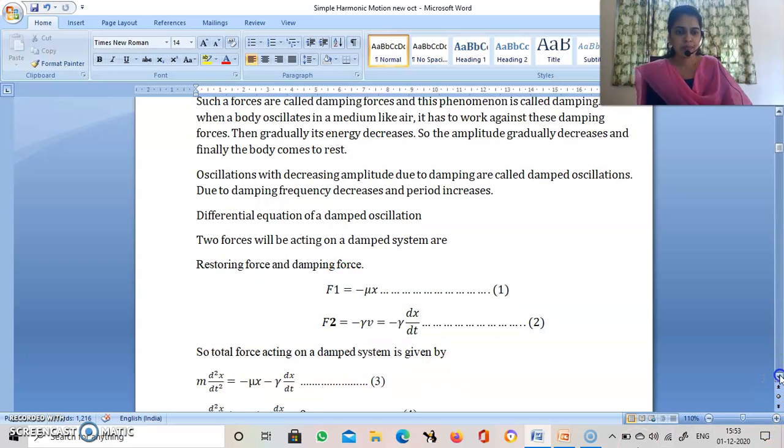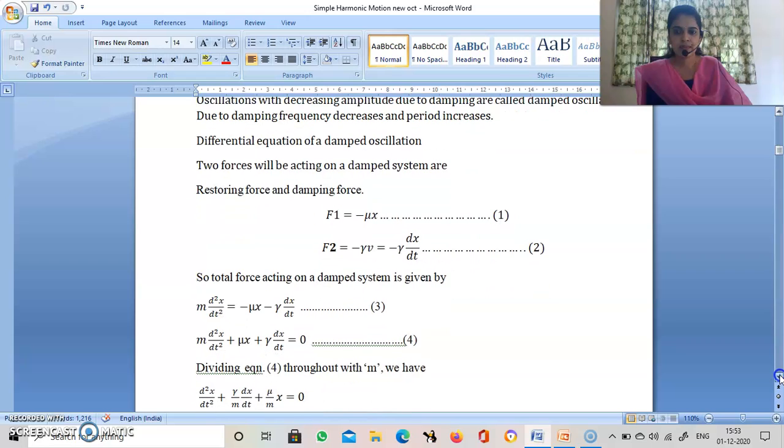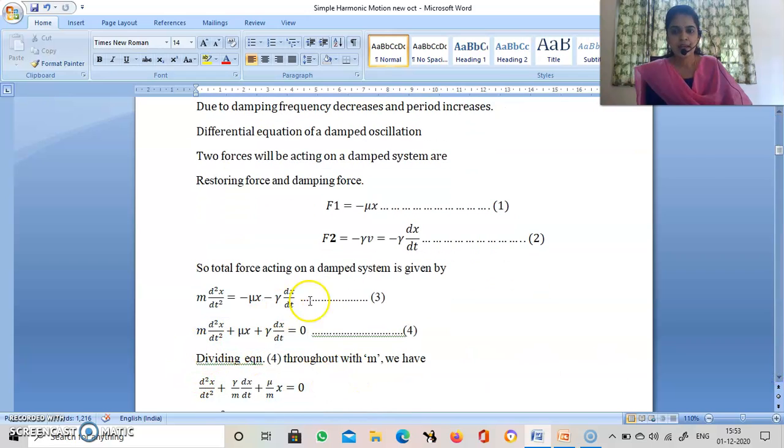On rearranging this equation 3, we can write it as m d square x by dt square plus gamma dx by dt plus mu x is equal to 0. Then the next step is to make the coefficient of d square x by dt square unity. For that, divide equation number 4 throughout by the constant m.